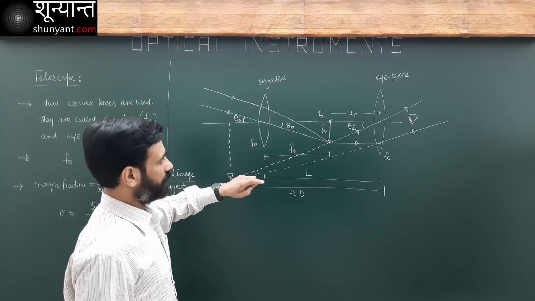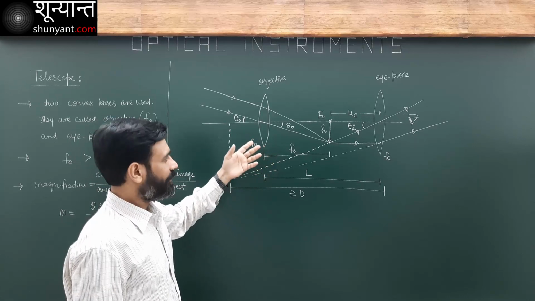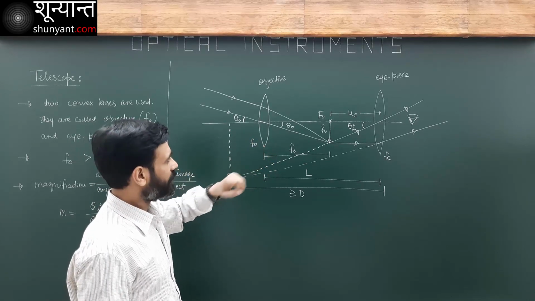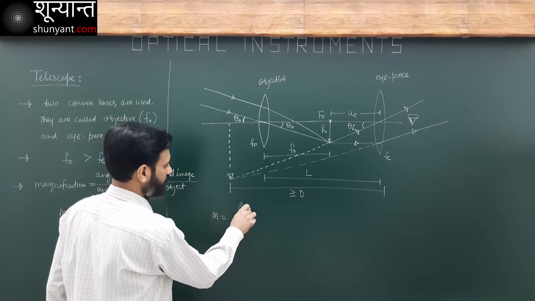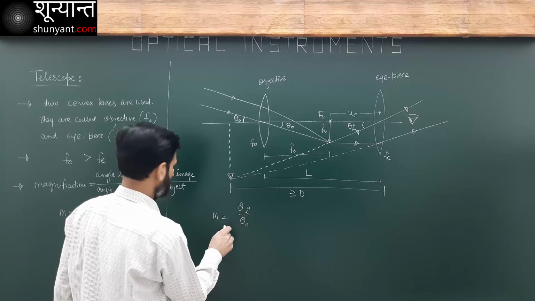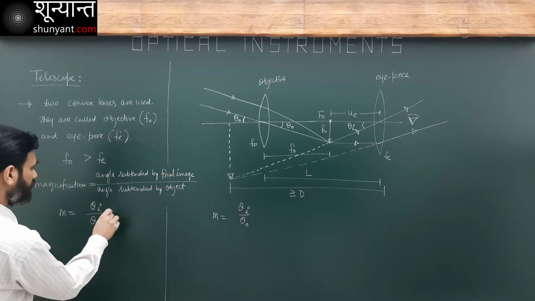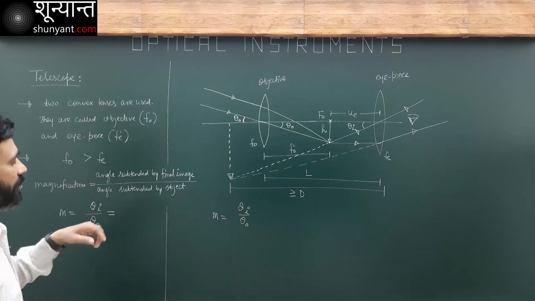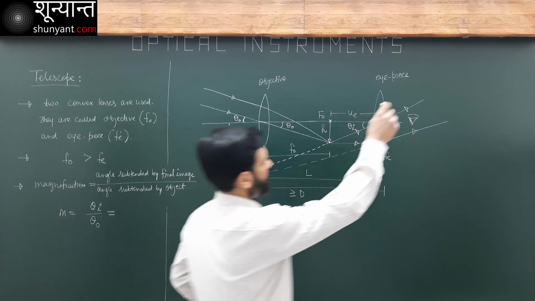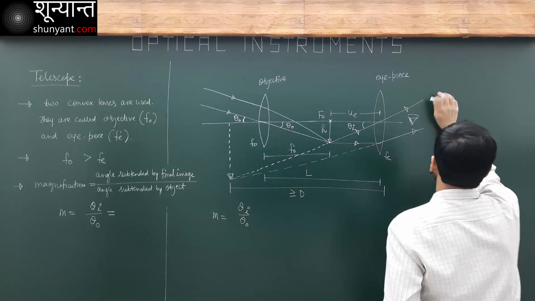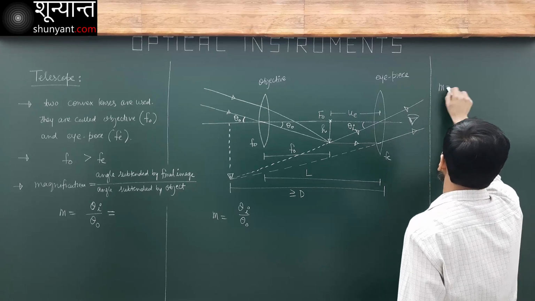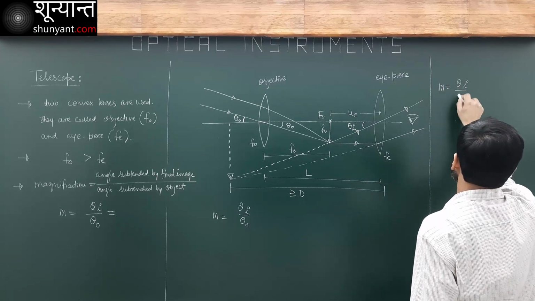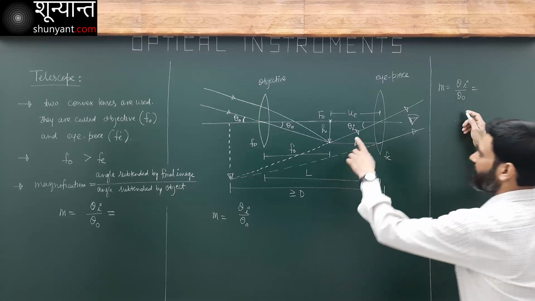Now, how can we solve it? What will be the magnification? Magnification is equal to theta I over theta O. Let me write it here. What is theta I?